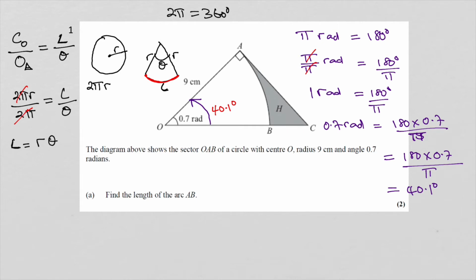In this case, we've got the r, which is 9 centimeters, and therefore the arc of a sector is 9 times the radians. We have to use the radians, not the degrees, so that will be 0.7, and that will be 6.3 centimeters. So the sector has an arc, this arc here, AB, is 6.3 centimeters. And so that's the answer for the first part.